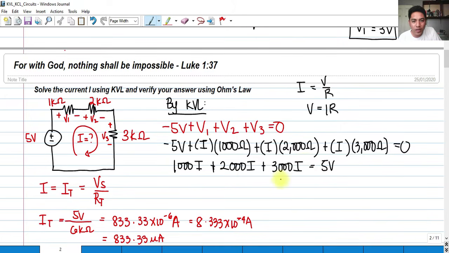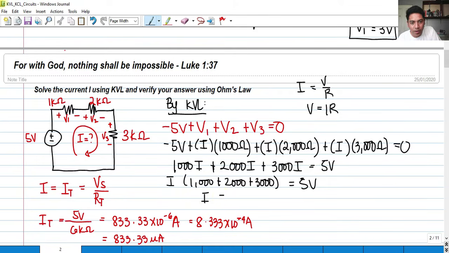I can factor out I because it is common. So we have I times (1,000 plus 2,000 plus 3,000) equals 5 volts. I did not write the unit, but these numbers are resistance in ohms.